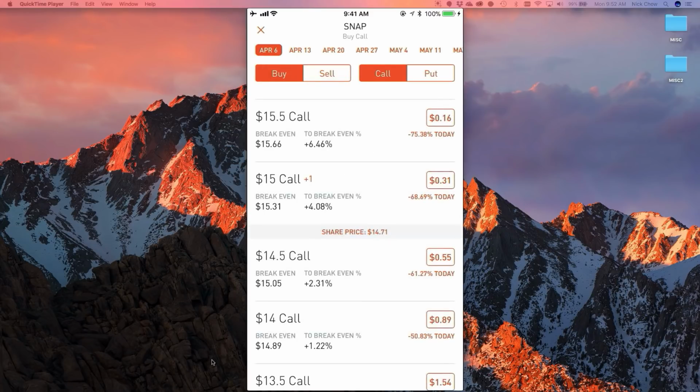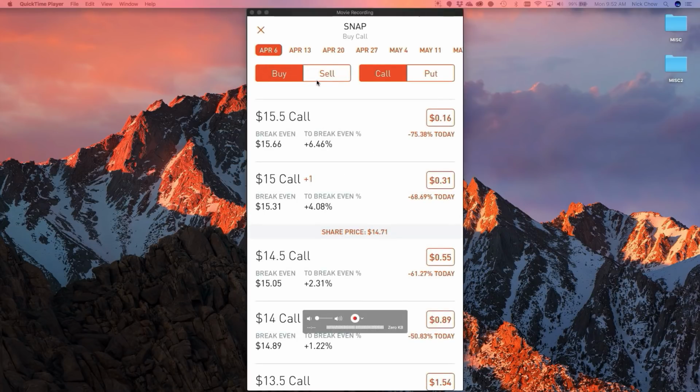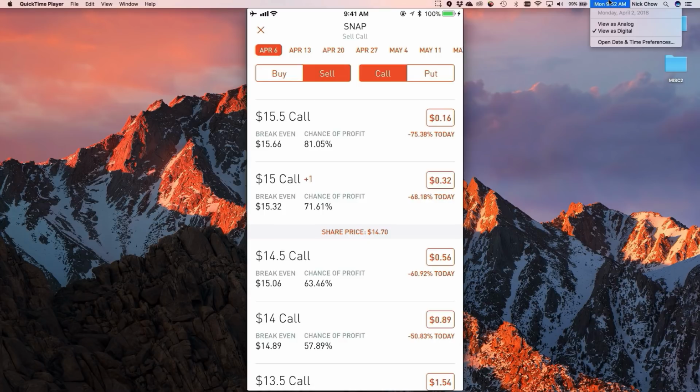So you have to go up here to buy. If you want to sell, click on sell here, and then you can select call or put, and select your different time frame, your different expiration date. Just be aware, if this is out of the money at expiration, this is going to go to zero. These expire Friday, April 6th. Today is Monday, April 2nd.